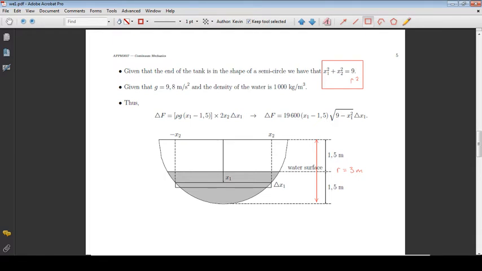Given furthermore the acceleration due to gravity and the density of the water, we have that the force acting on the horizontal strip can be expressed in terms of x1 only.